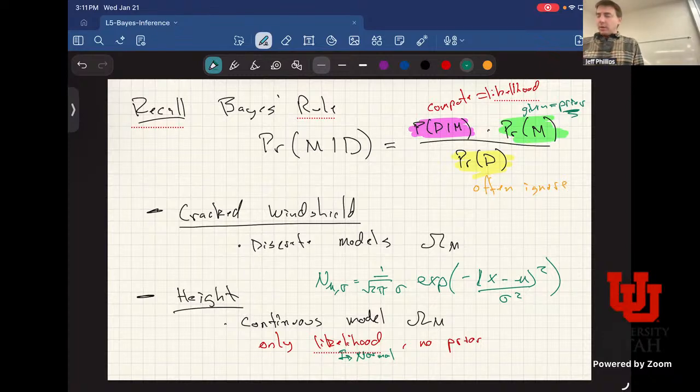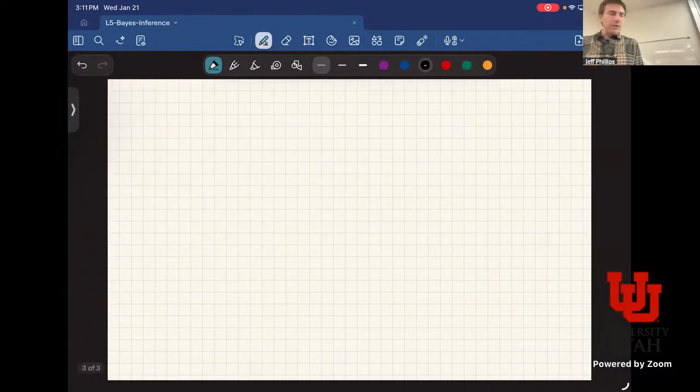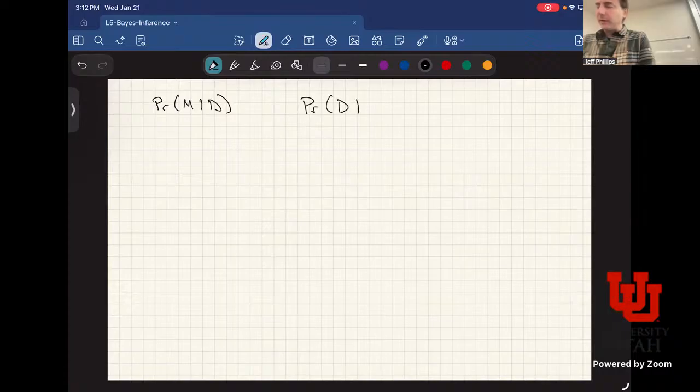Okay, great. So let me start back with probability again. We're going to look at the probability of the model given the data. And we want to transform this into the probability of the data given the model times the probability of the model, right? We have these different terms here, and we wanted to transform from the left.